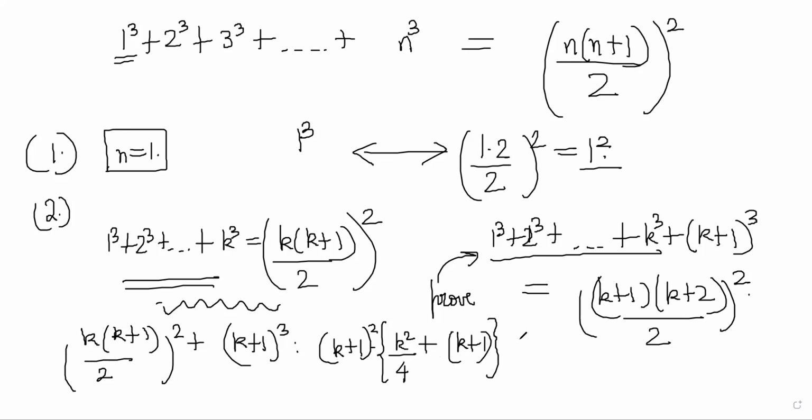So when you simplify it, it becomes k square plus 4k plus 4, and outside there is k plus 1 whole square, and there is a denominator 4, and clearly this is k plus 2 whole square, no? So see, it is becoming k plus 1 whole square, k plus 2 whole square by 2 square, right?